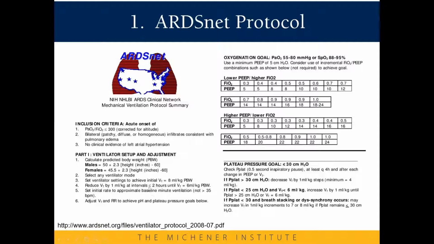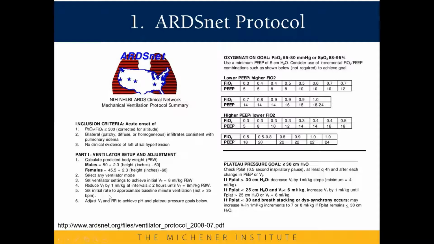Okay, so I'm going to start at 8. My next ventilator change, I will then calculate what 7 mL per kilogram predicted body weight is, and I'll move down to that tidal volume. And then finally, I will calculate what 6 mL per kilogram predicted body weight is, and that will be my next change on my ventilator.